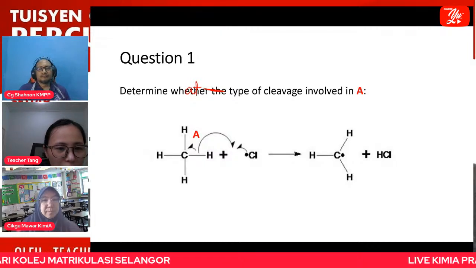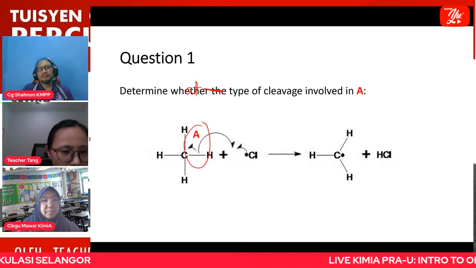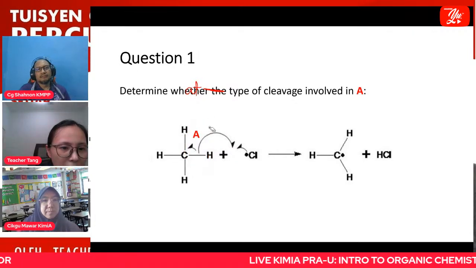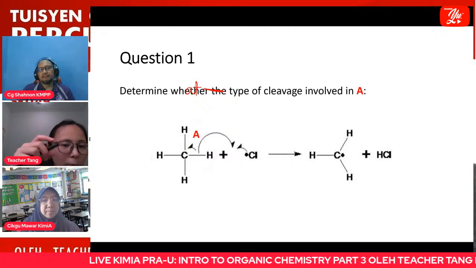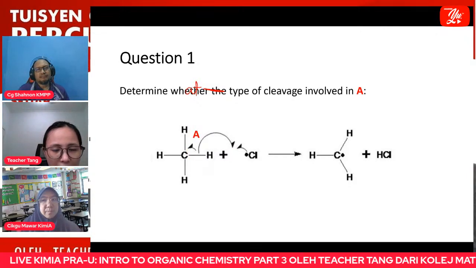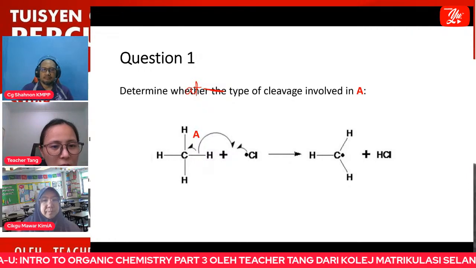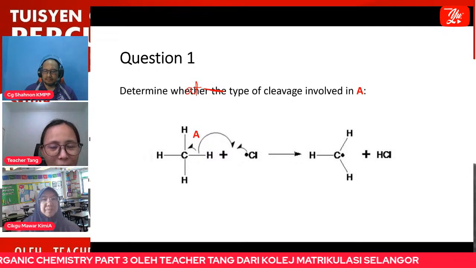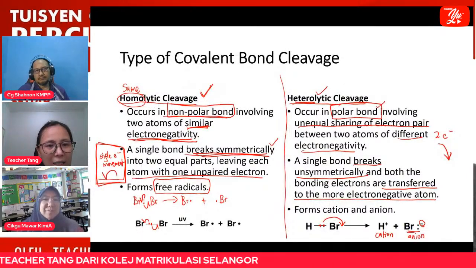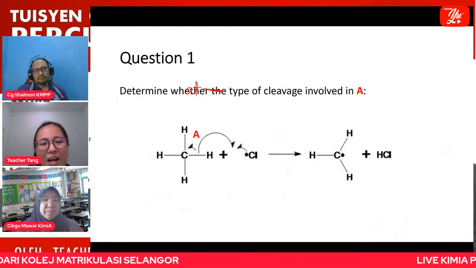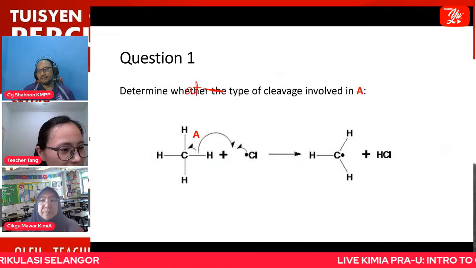Now I want you to tell me, when the covalent bond breaks, will it break heterolytically or homolytically? So this is homolytic bond breaking. Is it homolytic cleavage or heterolytic cleavage?